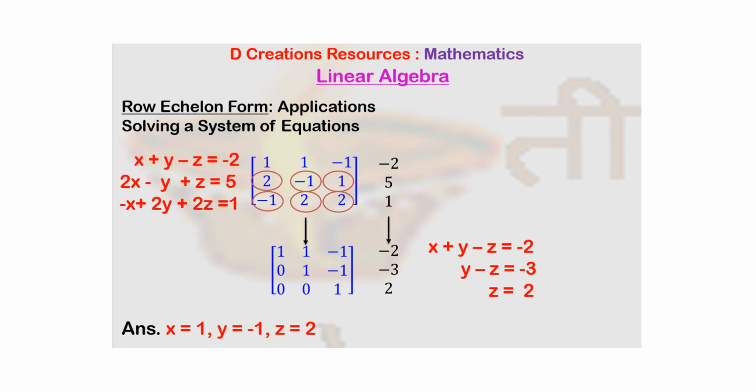Y minus z is minus 3. And here you can see that x as well as y is 0, and this is the last entry. So z is 2. Now if z is 2, you can just back substitute and understand that y has to be minus 1 and x has to be 1.